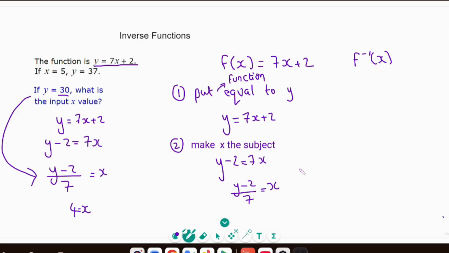And step 3, I write in function notation, which is putting the function in terms of x only. So in here, I replace the y with an x.